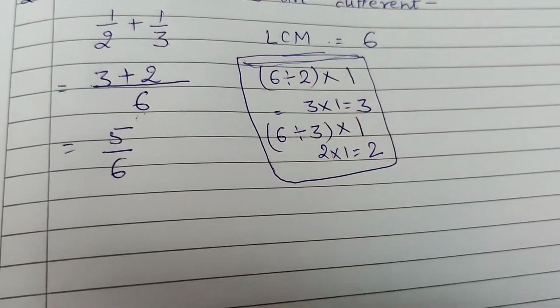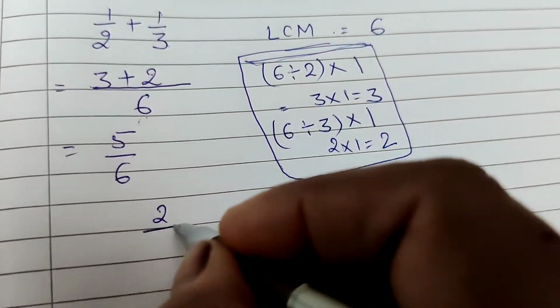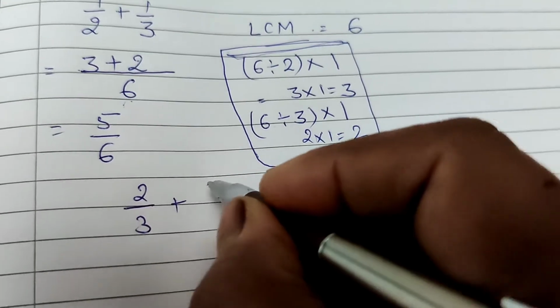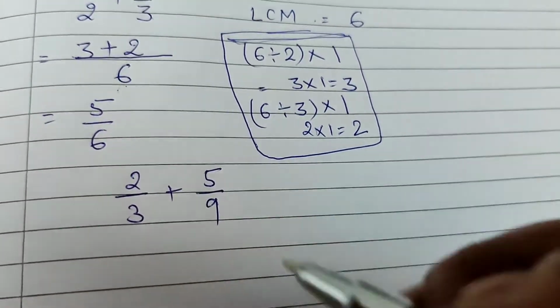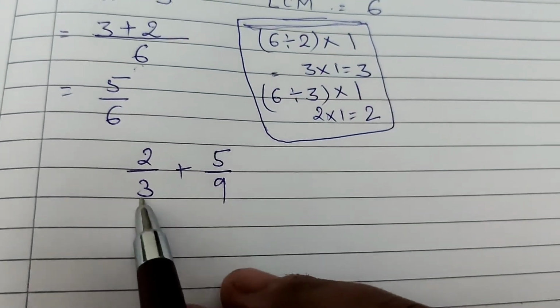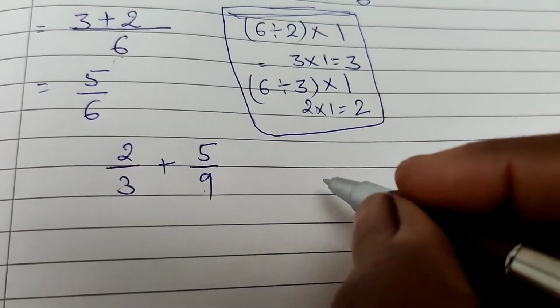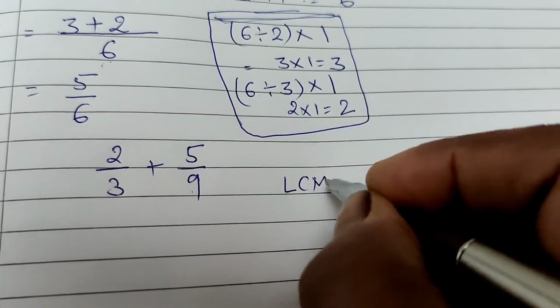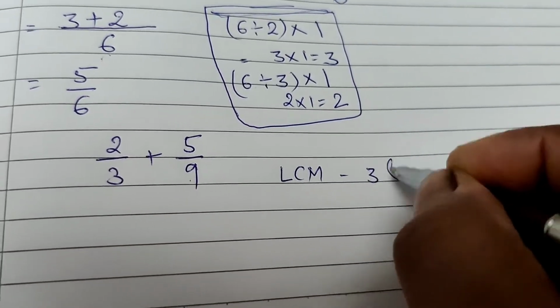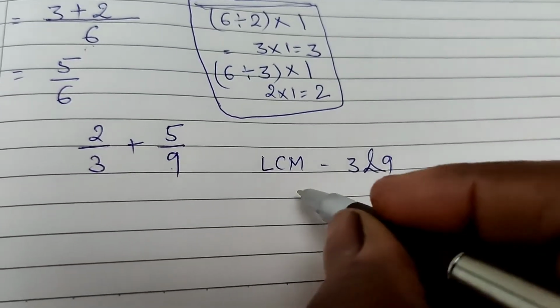Okay. Another example. 2 by 3 plus 5 by 9. The denominators are different and the numerators are also different. Now take the LCM of 3 and 9. How to find LCM?